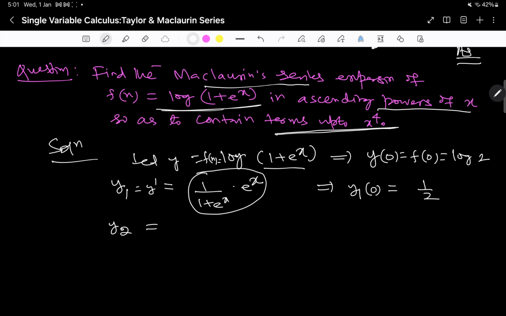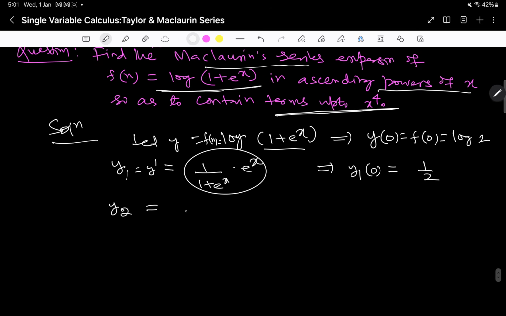I differentiate it by the division formula: second derivative first, 1 plus e to the power x into e to the power x, minus first derivative second, which is e to the power x, by the square of 1 plus e to the power x.